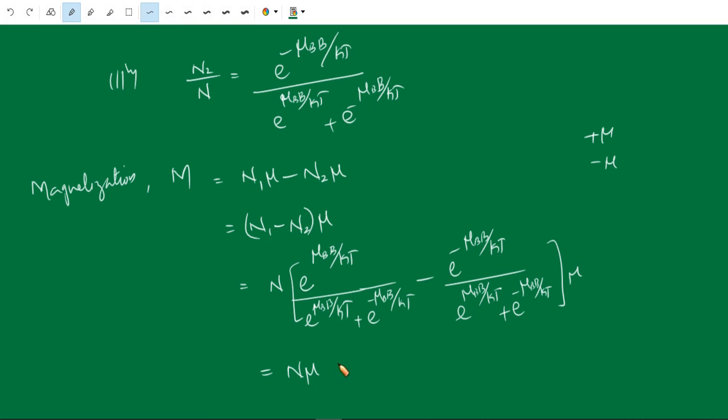So this can be written as tanh(mu B divided by kT).